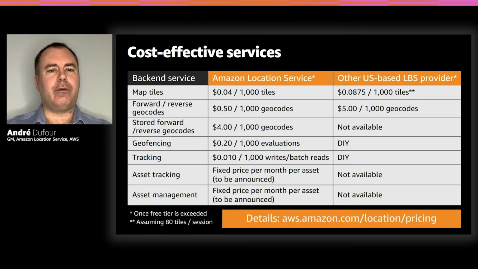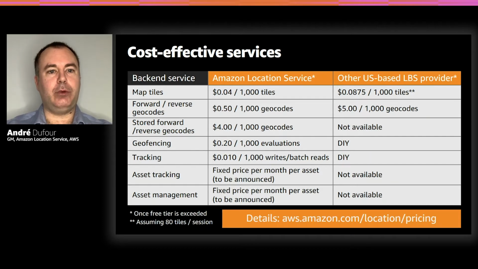Now, customers who are performing asset tracking or mobile asset management, which is optimizing the routing of mobile assets, have told us that many times they prefer the predictability of a per asset per month price with a bunch of transactions included, as opposed to paying on a usage basis.